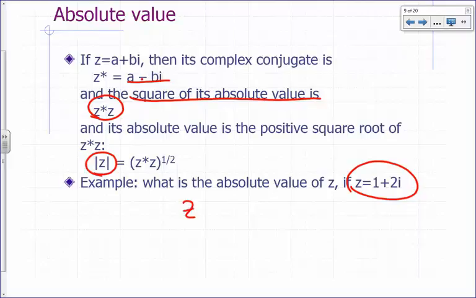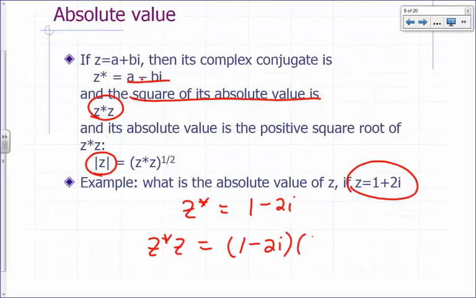So let's write z star. Z star is 1 minus 2i. So what is z star times z? 1 minus 2i times 1 plus 2i. Sum and difference. What is a minus b times a plus b?